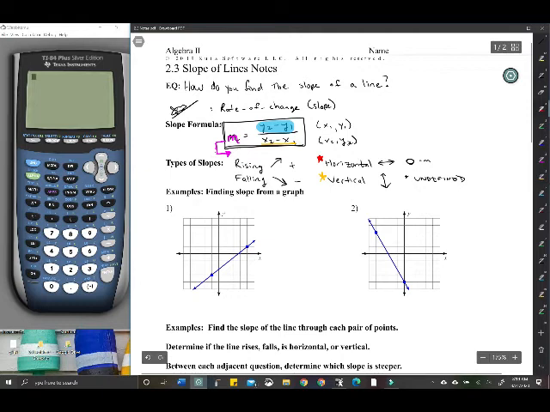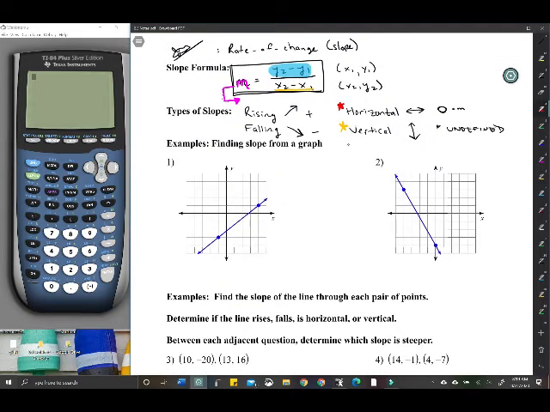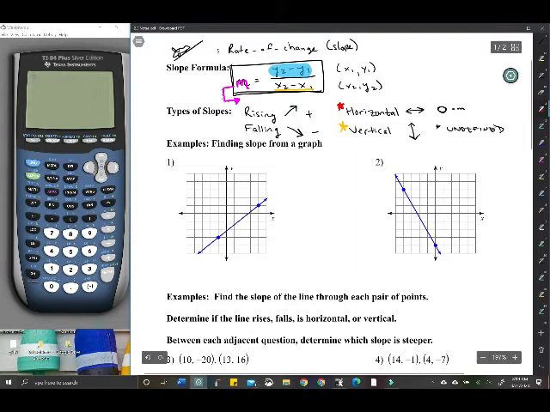All right, so types of examples. One way you can find slope is from a graph. If you have a graph, you can also think of slope as rise over run. The rise is the vertical distance up and down.